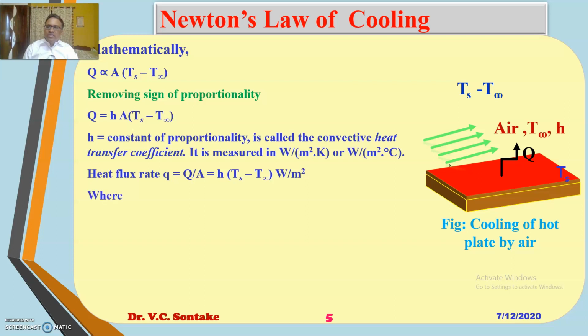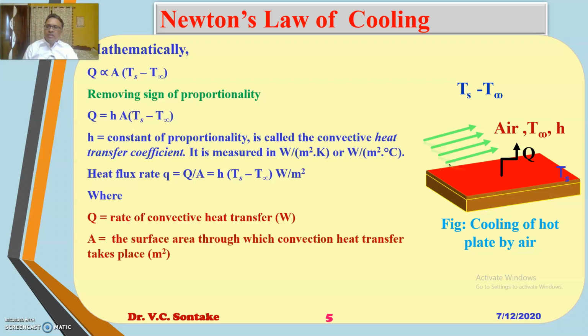In all these equations, Q is the rate of convective heat transfer in watt, A is the surface area of the solid surface, particularly from which or through which convective heat transfer takes place. It is taken in meter square.